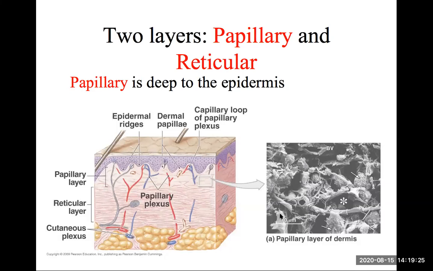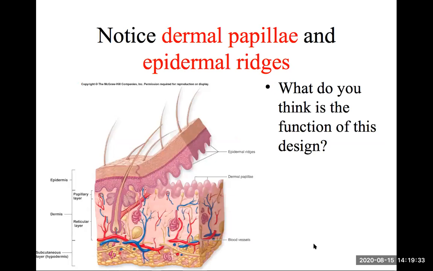All right? So the superficial layer is referred to as papillary. The deep layer is referred to as reticular. The papillary layer has the dermal papilla, and these interlock with the epidermal ridges above. And the function of this design, as I mentioned, is to give greater surface area, which allows for the movement of the smaller molecules that are capable of passing over this basement membrane, but also helps to resist friction.